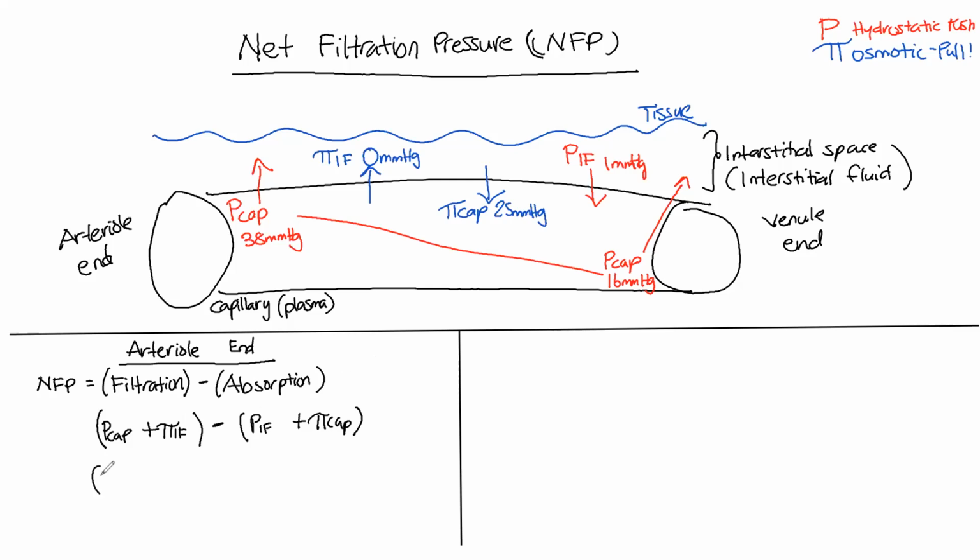So we've identified our relative forces, so we can just simply plug our values in at this point. Remember we're dealing with the arterial end first, so we've got 38 plus 0 minus 1 plus 25. We can do some simple math here.